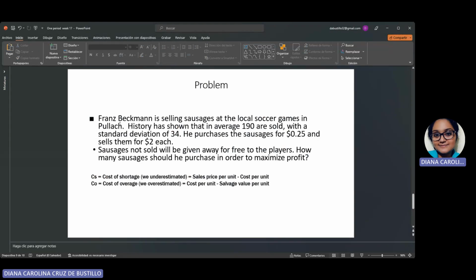You cannot know exactly how many sausages are going to be needed. And you know that after the soccer game season is over, according to what it says here, you will not be able to sell those sausages. So you will be giving them away for free. So you will be losing money for all that stock you got that you would not be able to sell. And that makes sense.